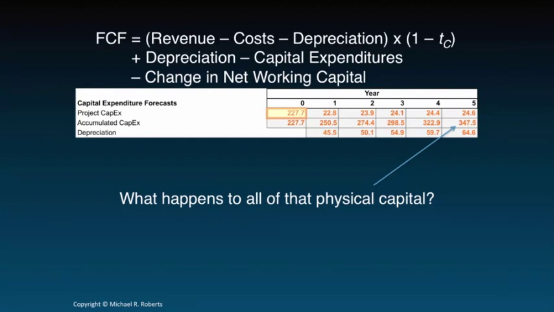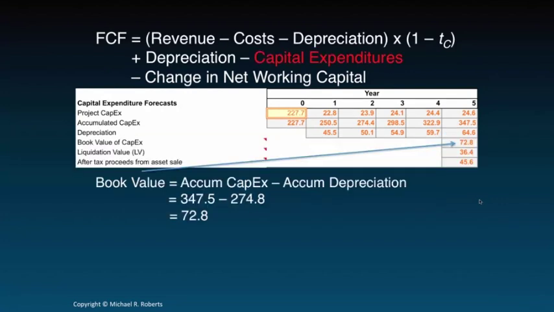Okay. So what I'm going to do is take all of that accumulated capital expenditure, and subtract from it the accumulated depreciation. That is, I'm just going to sum up all of the depreciation to get this 274.8.